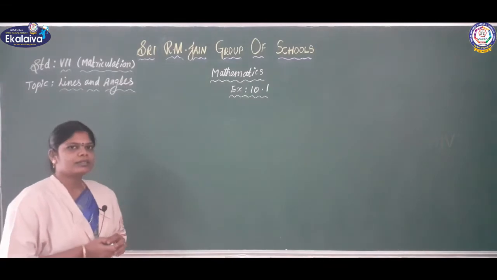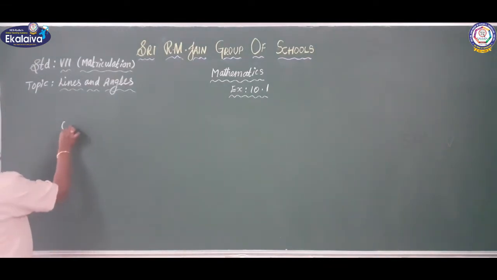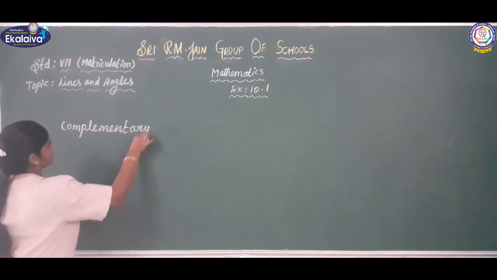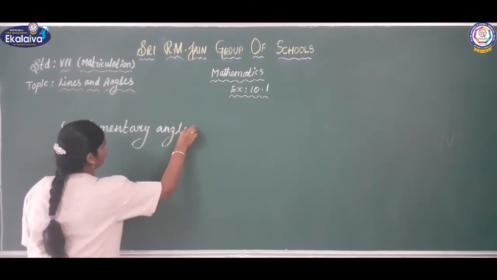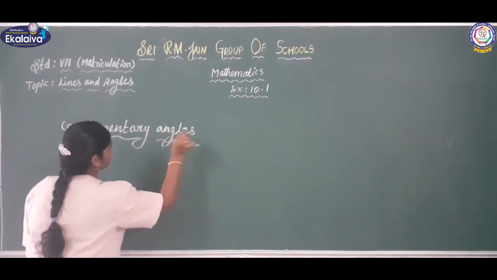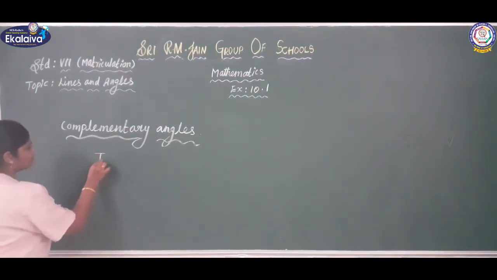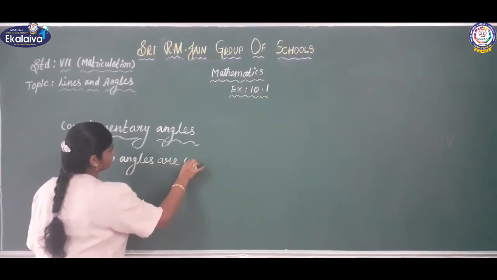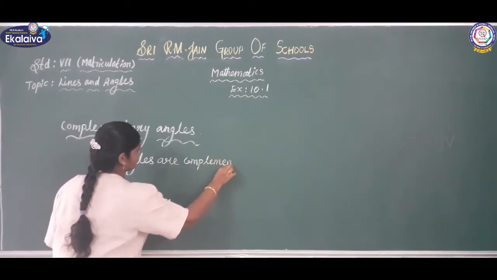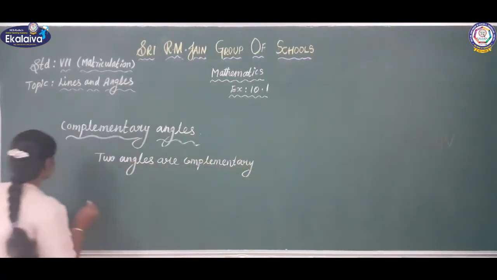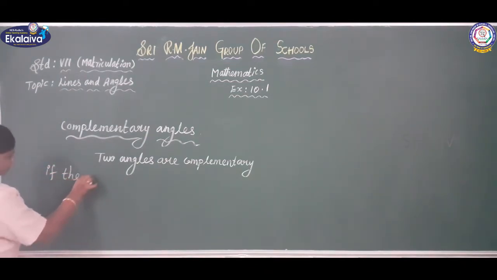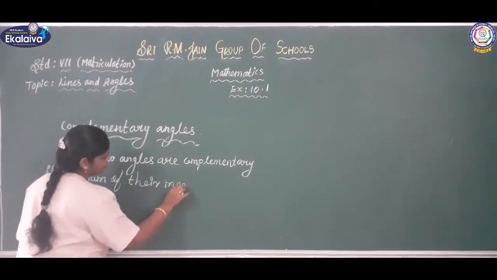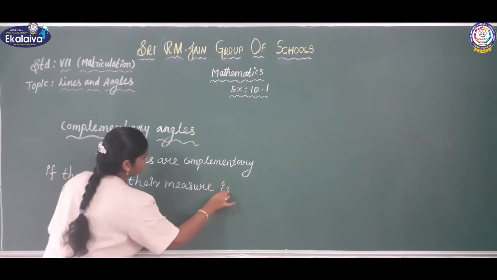Okay, children? Next one, complementary angles. What is a complementary angle, children? Two angles are complementary if the sum of their measures is 90 degrees.